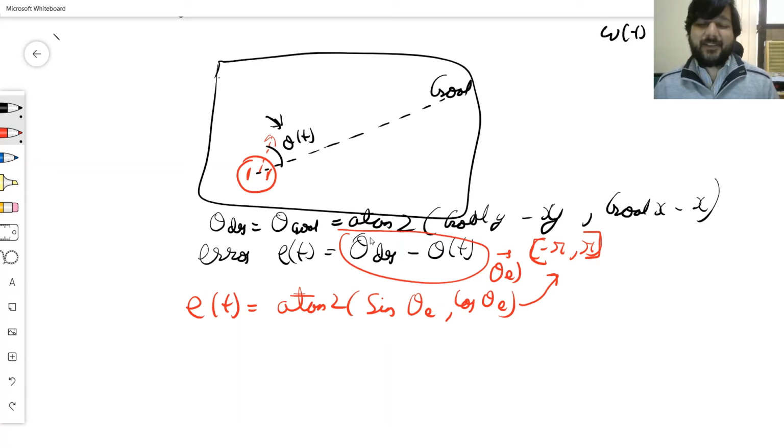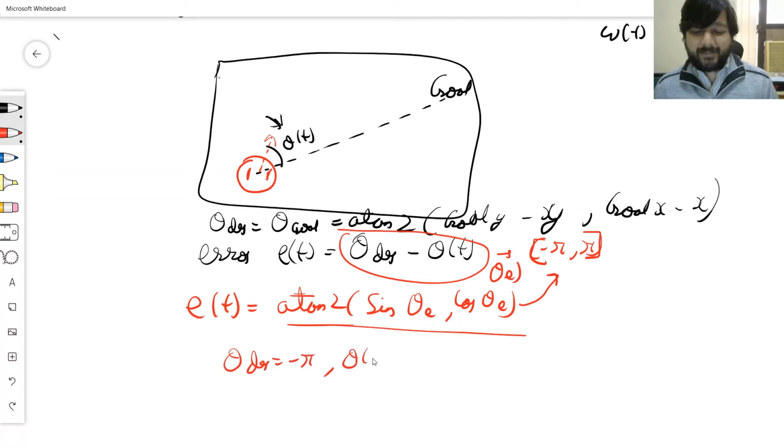But then whenever you need to access angles and you're not doing it by sines and cos, you need to ensure that all angle arithmetic are between minus pi to pi. So you use this dummy function, which just corrects for the range. Otherwise, if theta des is equal to minus pi and theta t is equal to minus pi, then e t or theta e becomes, oops, bad example, plus pi.